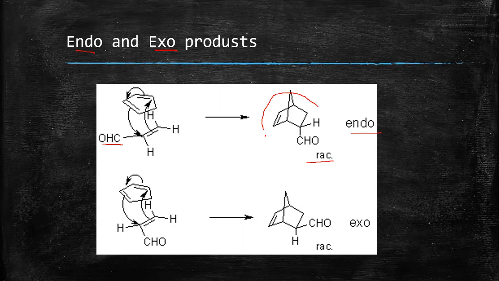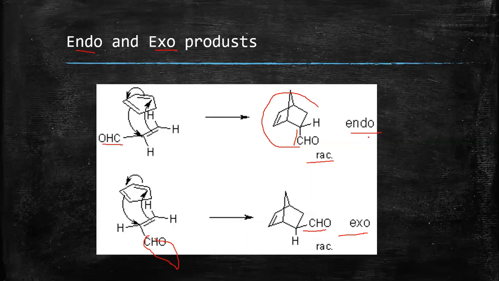This one is endo product. And if the substituent on the dienophile is away from the interacting diene, it would give exo product. This you can see is away. This CHO is away, and this CHO is towards the diene.